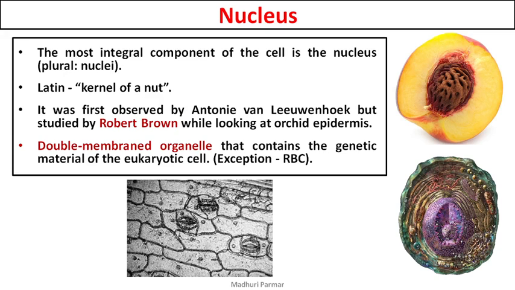This nucleus contains all the genetic material, all the inheritable material, the DNA of the cell. The only exception is the mammalian RBCs, which have no nucleus. I keep emphasizing the term mammalian because in lower organisms like frogs, or even in birds, you find nucleated RBCs, which means they have a nucleus in the RBC. Mammalian RBCs are the only eukaryotic cells which do not have a nucleus.